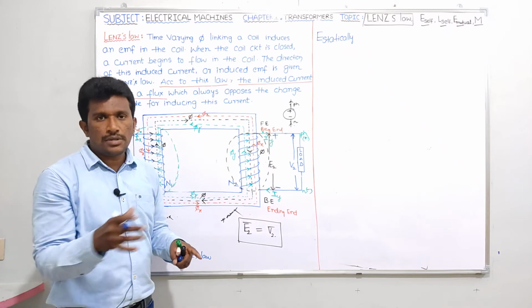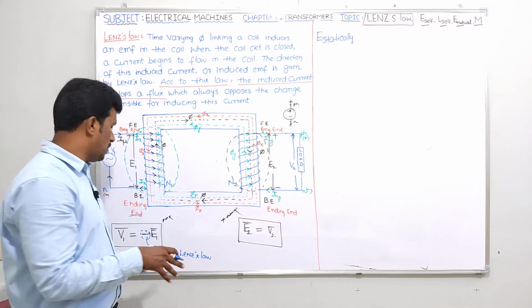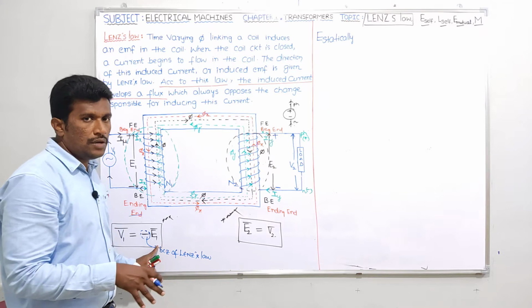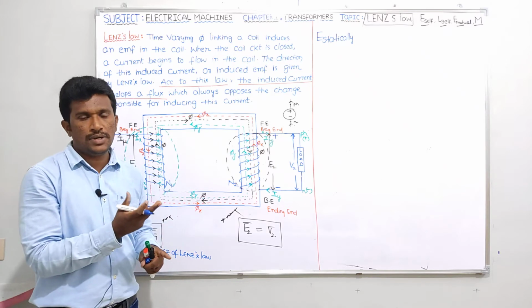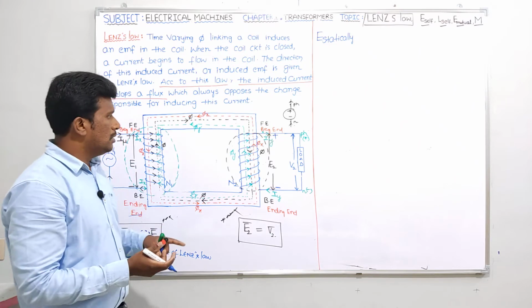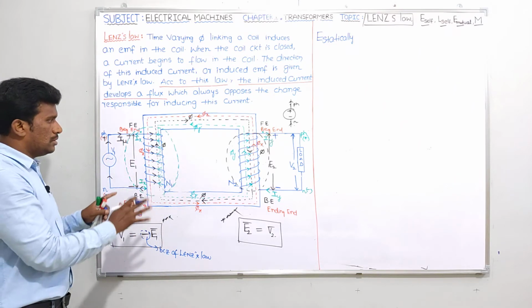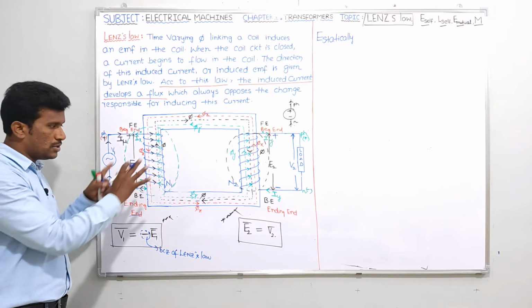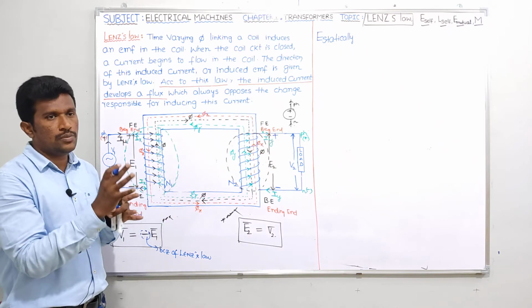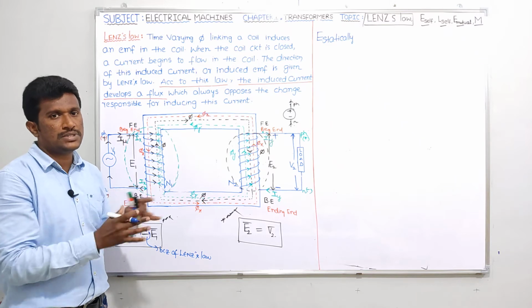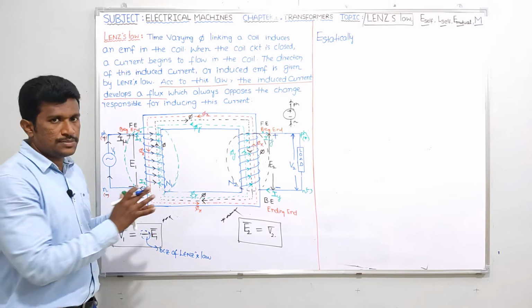By using waveforms also I can show the angle between V1 and E1 is 180 degrees. Like that we will conclude some angles between some vectors. Anyway, this portion you should know. Please try to watch the previous video clearly, slowly, one time, two times, three times, so you can understand the subject easily, no problem.